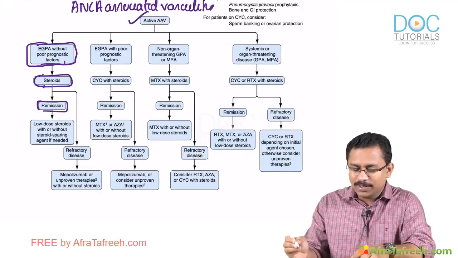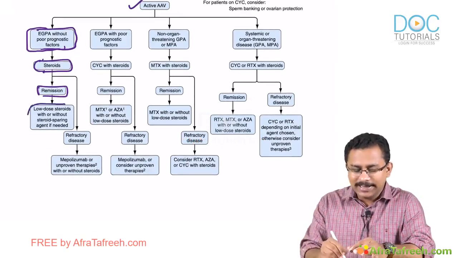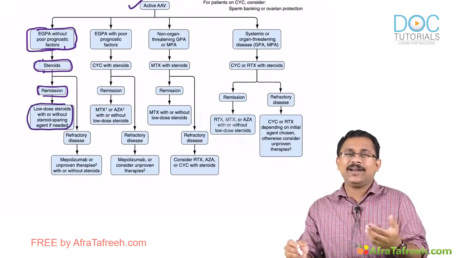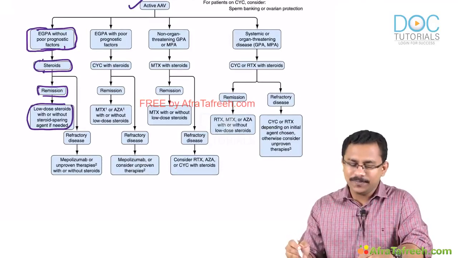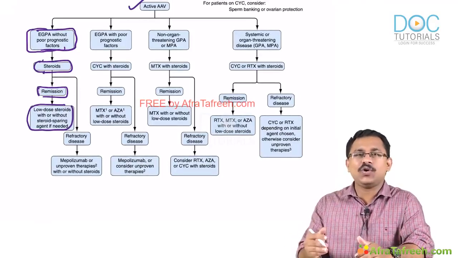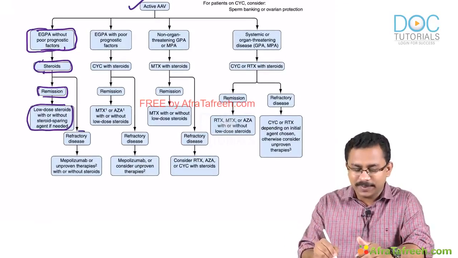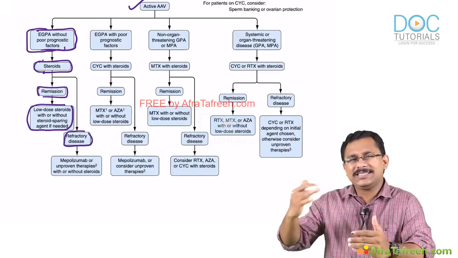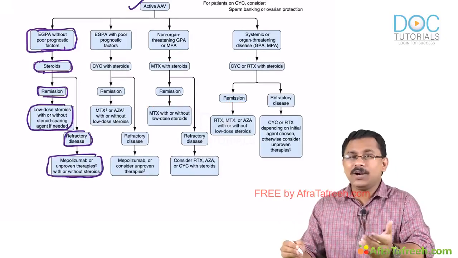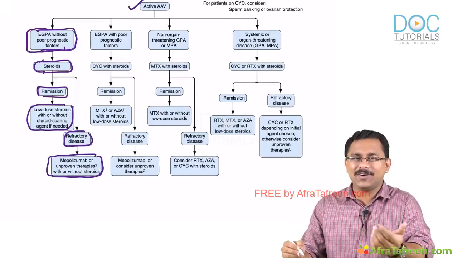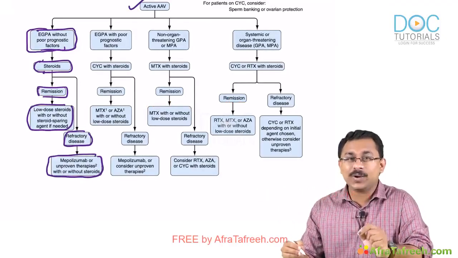Subsequently, you can taper the doses of steroids, and then if needed, you may go for a steroid sparing agent like azathioprine. But in due course, suppose if you have started steroids, if the patient is not responding or the disease is worsening, then you can go for which drug? Mepolizumab, okay, which is the drug which we have already learned against interleukin 5.